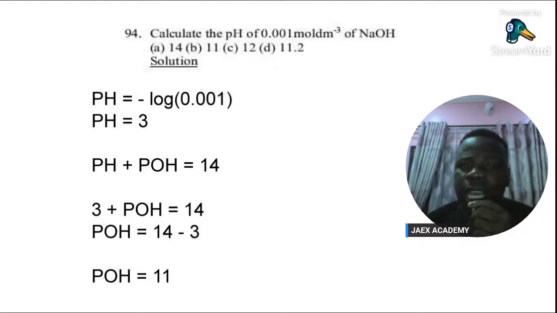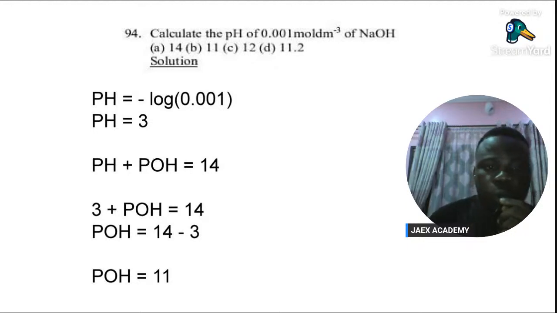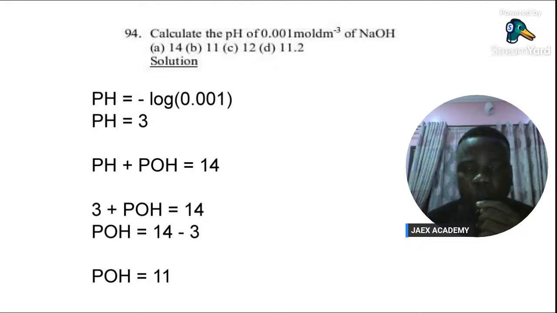But they gave us NaOH, which is a base. So we have to calculate in acid first before we go to base. So we will solve the way we solve normal acid. We say pH is equal to negative log 0.001. If we do negative log 0.001, we will get 3 on the dot.